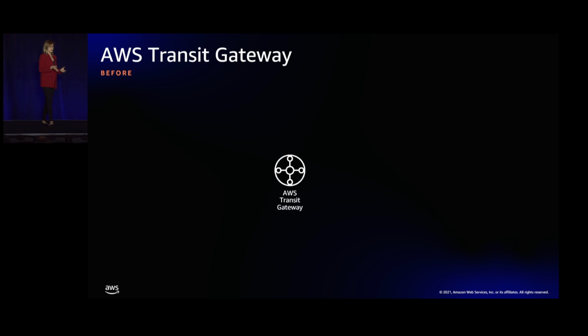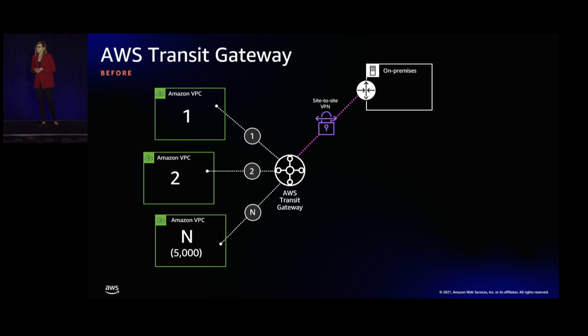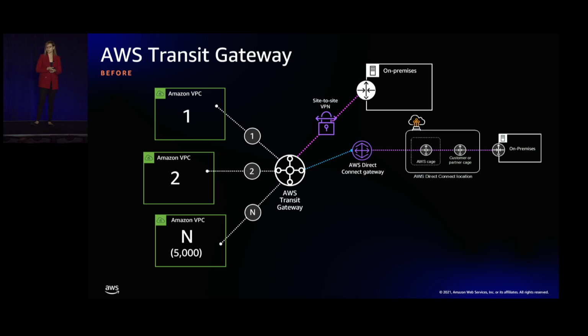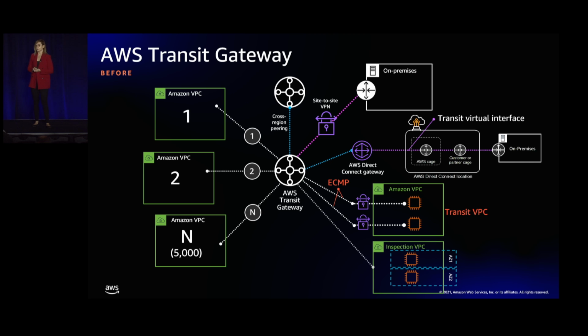Transit Gateway is the routing hub in AWS that enables highly scalable connectivity for thousands of VPCs in AWS, allows integration with AWS VPN, with Direct Connect, with Direct Connect Gateway, and the Transit Virtual Interface, allows the integration of the global network with Transit Gateways in multiple regions and cross-region peering, and the integration with environments that were previously deployed in AWS with Transit VPC, as well as inspection architectures, both for inbound and outbound inspection architectures and east-west inspection.